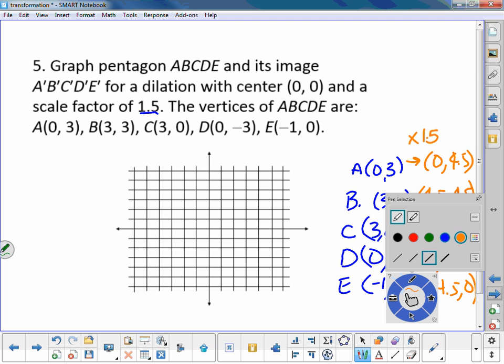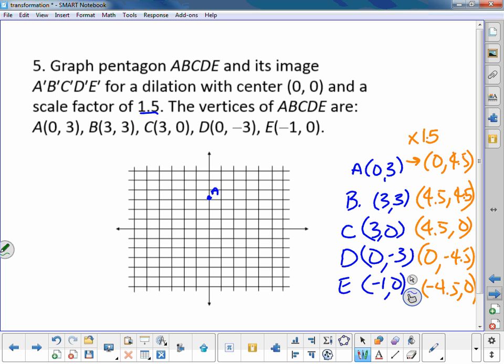Let's start with the original. This is my original. 0, 3, 1, 2, 3. There's A. B is 3, 3. 1, 2, 3, 1, 2, 3. That's B. C is at 3, 0.